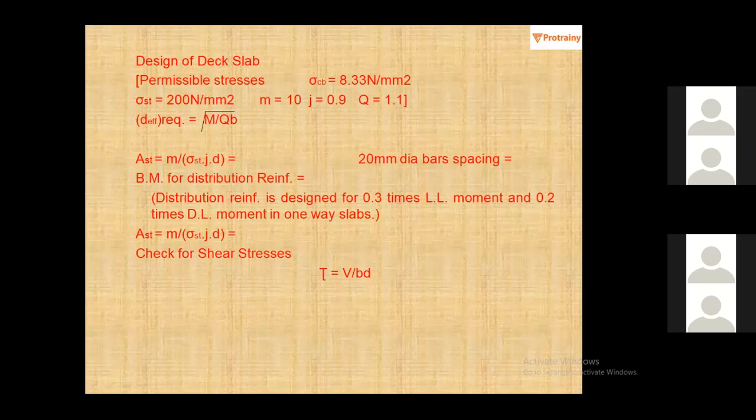What I'm trying to say is that up till this point, the depth we assumed in the beginning is enough. It is not much more than the effective depth required, and it is not less. So we can go with 500 mm overall depth.